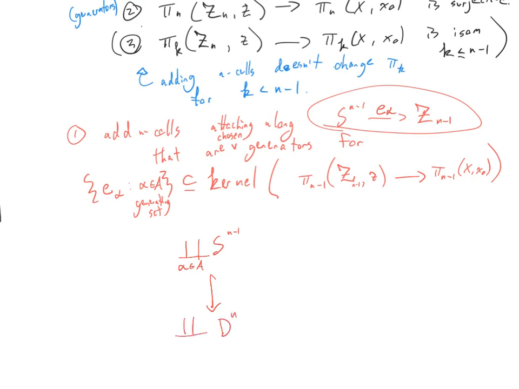Here are all your cells, α in A. So here are all the n cells, e_α, that we're attaching for these relations. We have one of these for each n cell, and we're attaching them along these maps e_α, a big disjoint union of e_α's, into Z_{n-1}.